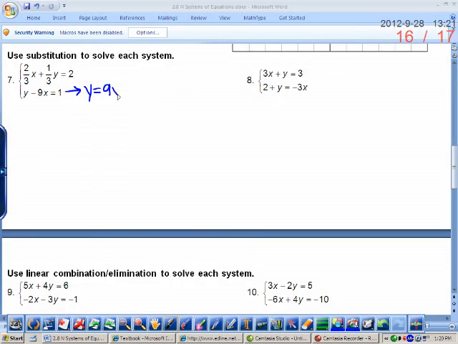Yeah, so it's just going to be 9x plus 1. All right, once you get y by itself, you're going to take it and plug in for y in the other equation.